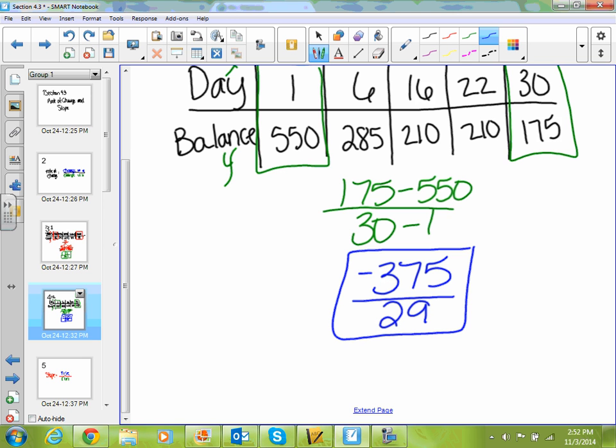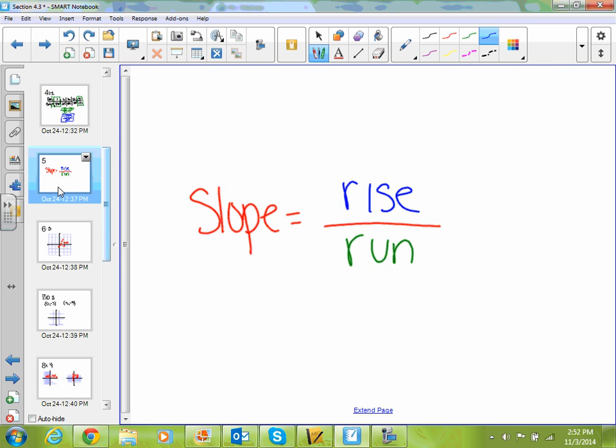Okay, the other thing that we need to know about slope is that slope is always rise over run. So we always look at our rise, which deals with our y-axis. So rise is how much we go up or down on our y-axis. And if we go up, it's positive.